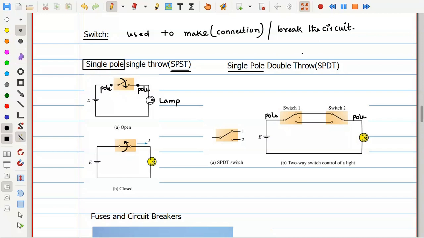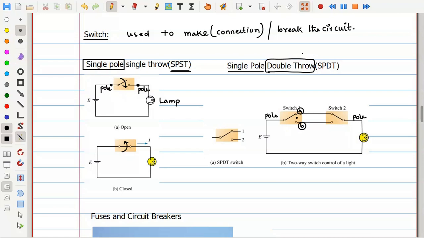Now what I can do is throw this switch in two ways. In general daily usage terminology, we call this a two-way switch. That means this switch can be thrown onto position A, or it can also be thrown to position B. If it is in the middle, then it is in the off position.